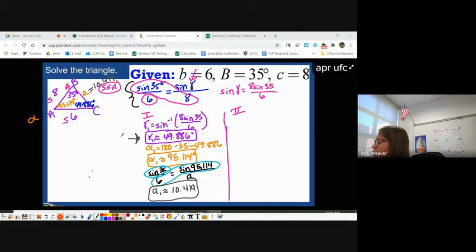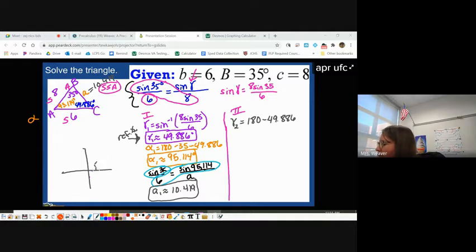Well, since that's our reference angle, for the quadrant 2 option, my gamma sub 2, my second option for gamma, is going to be 180 minus the reference angle. 180 minus 49.886. Okay, again, this was the big idea. You don't have to show this. This is just me explaining again.